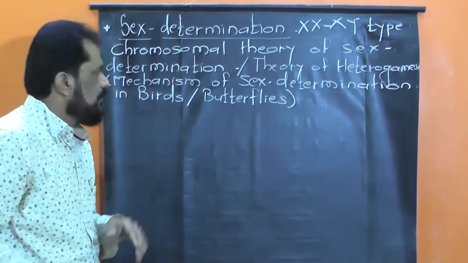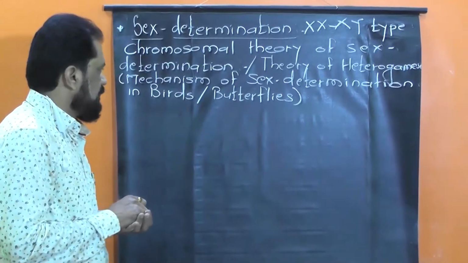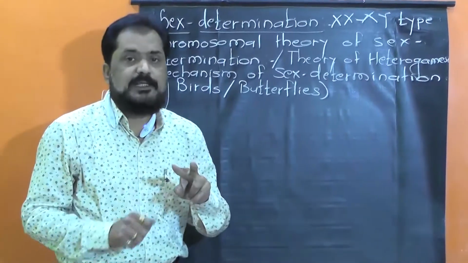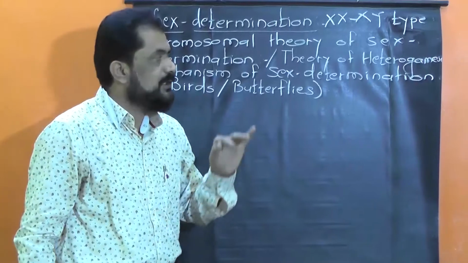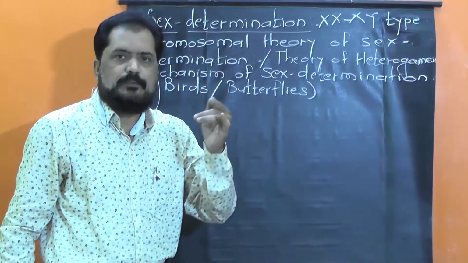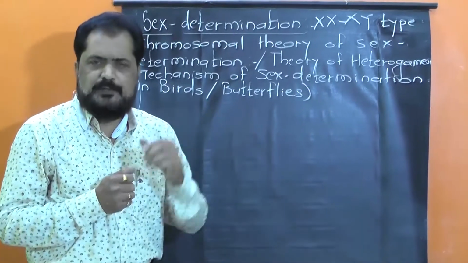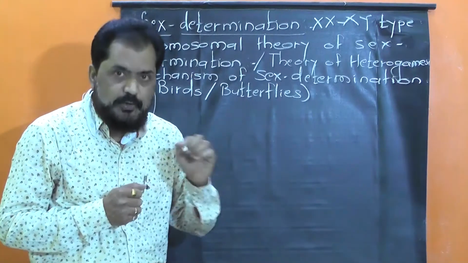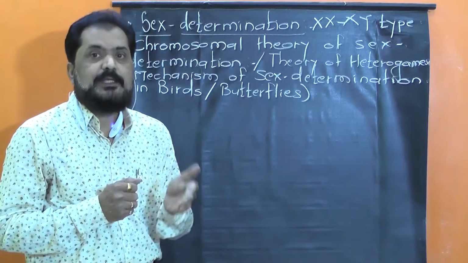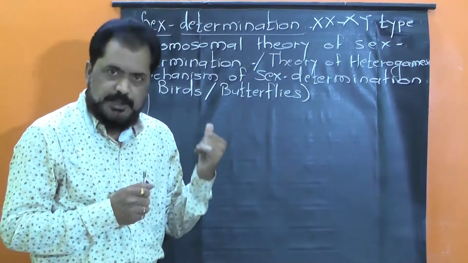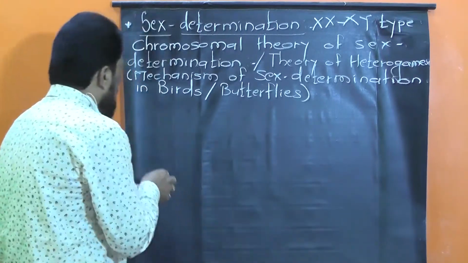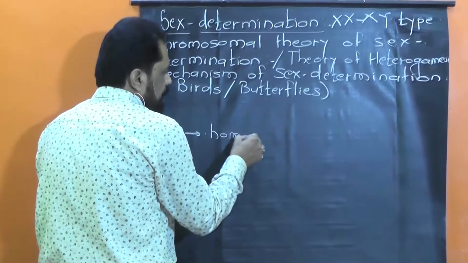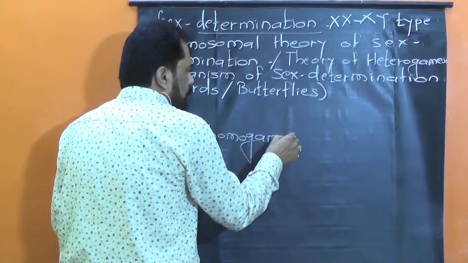Now let us talk about the mechanism of sex determination in birds. In birds, exactly the reverse condition is seen compared to mankind. Just now we have seen that in human beings the male is heterogametic and the female is homogametic. But here in birds the male is homogametic.